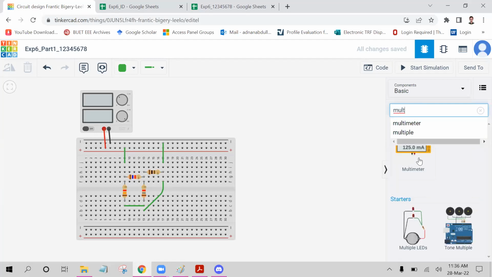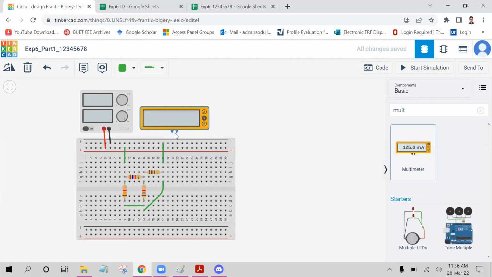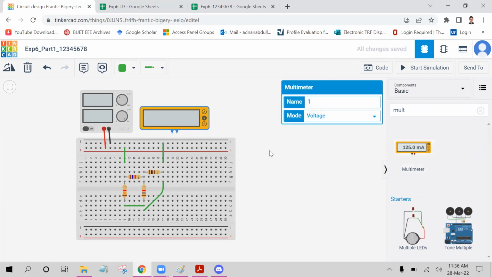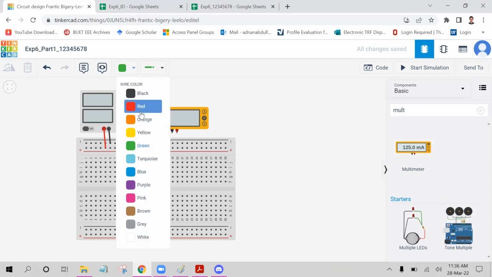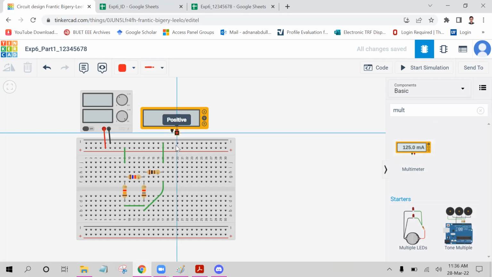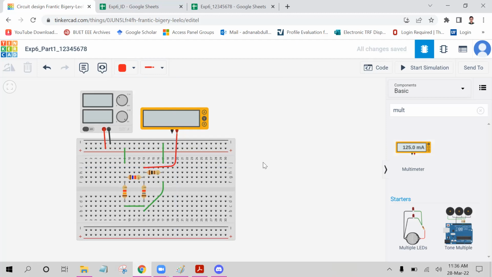Search for the multimeter. Place it here. And then we need to connect the multimeter across the load resistor. For the positive connection, let's say I connect it here, the positive terminal or the first terminal of the load resistor, and the negative is the negative terminal of the source.